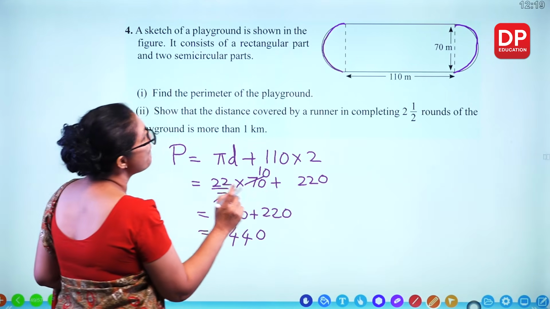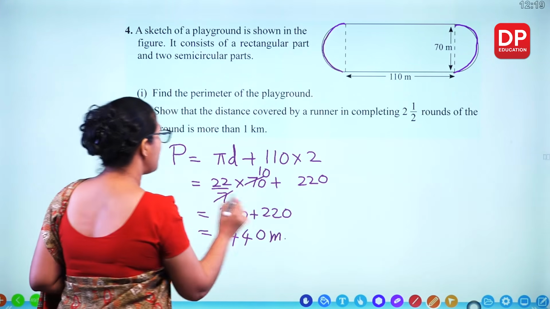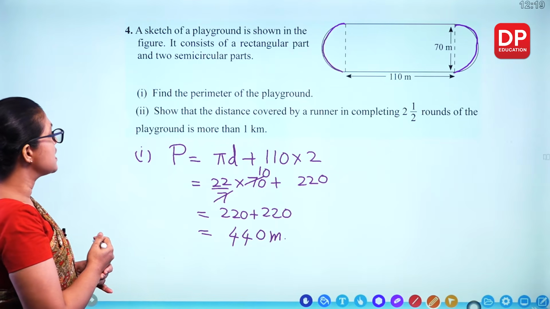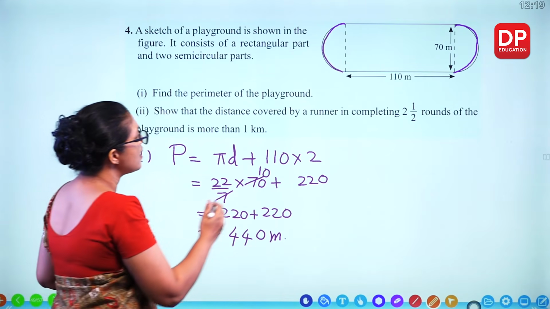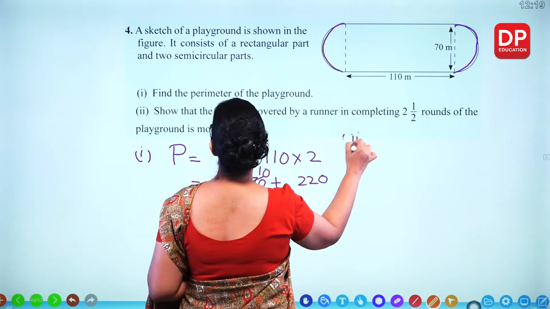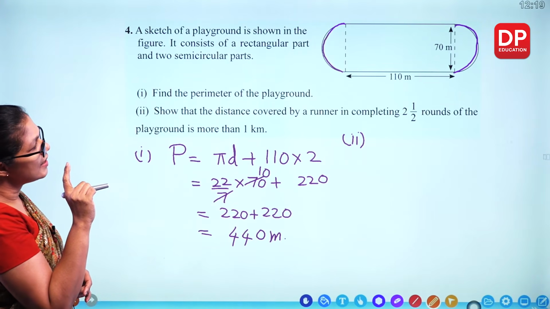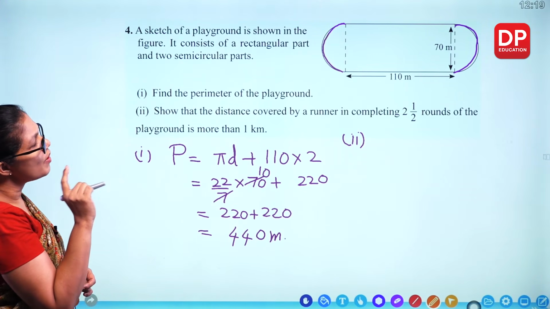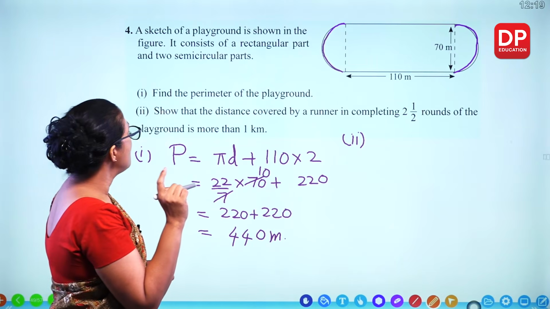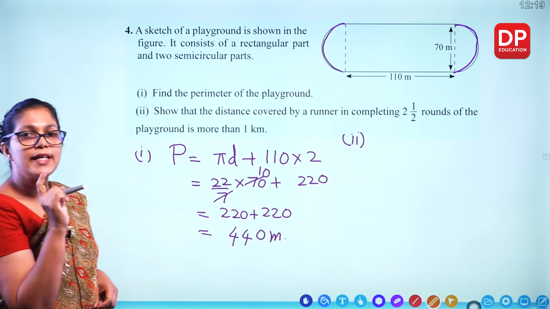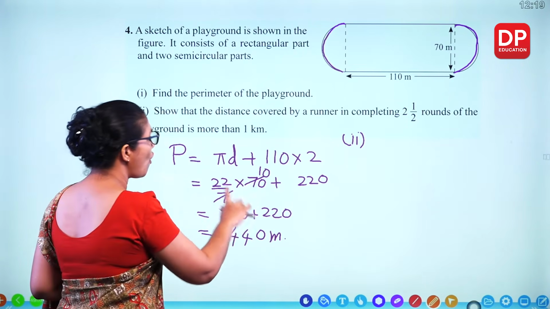This is meters. So, the perimeter is 440 meters. Second part, it says, show that the distance covered by a runner in completing 2.5 rounds of the playground is more than 1 kilometer. So, this is for 1 round.